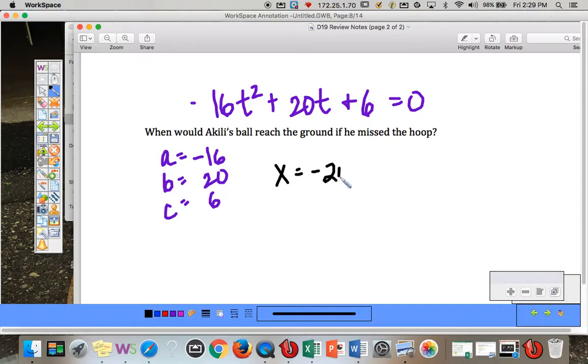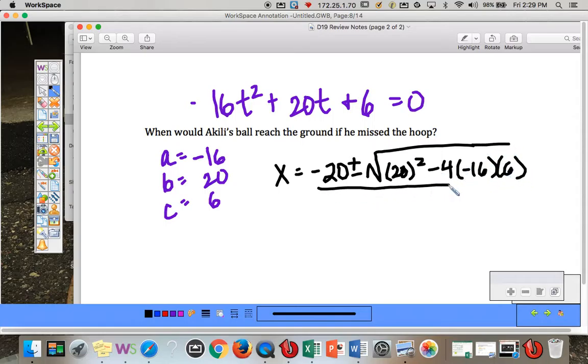X equals opposite b plus or minus the square root of b squared minus 4ac, all of that over 2a. And again, you can calculate like we did, and this should be a 20. All of that you would calculate, and you would get your two answers for when it would reach the ground. And here only one would be positive, so it'd be the positive answer. All right, so there's a quick review of the quadratics chapter.